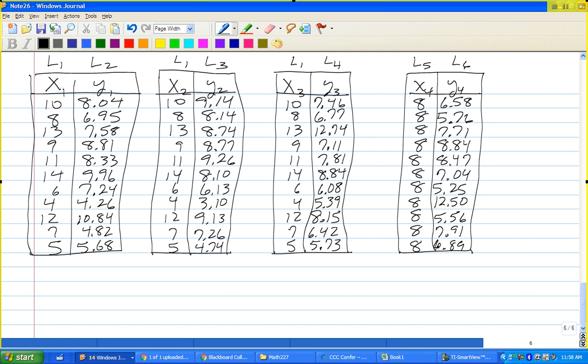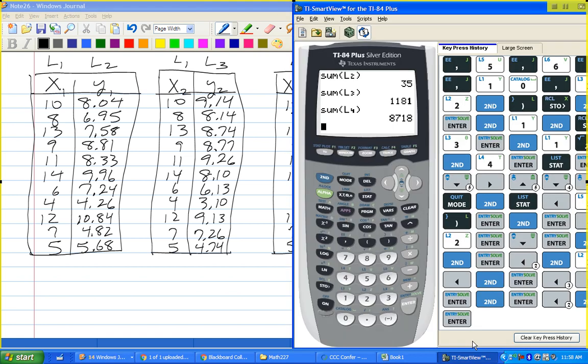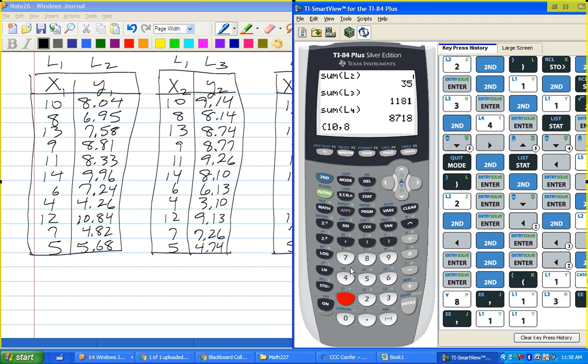Okay, so I can plug them into those first 6 columns. Okay, so let me do that. Take me a second to do this. 10, 8, 13, and you should also do this yourselves.